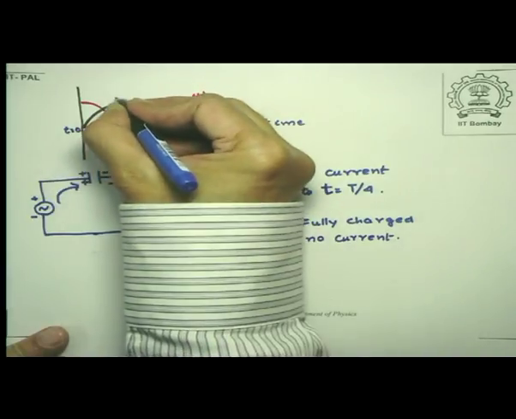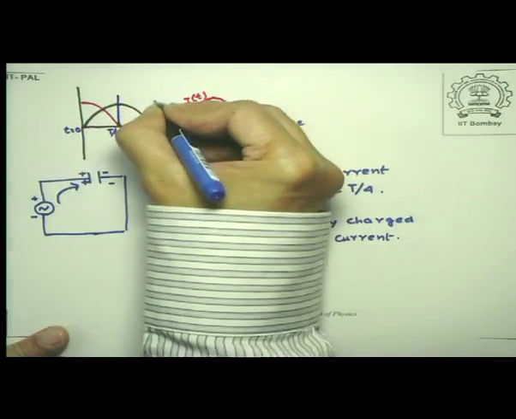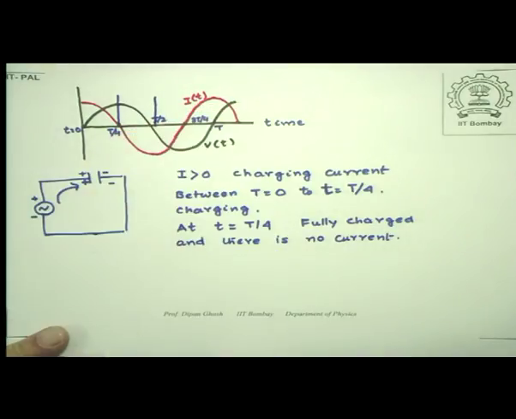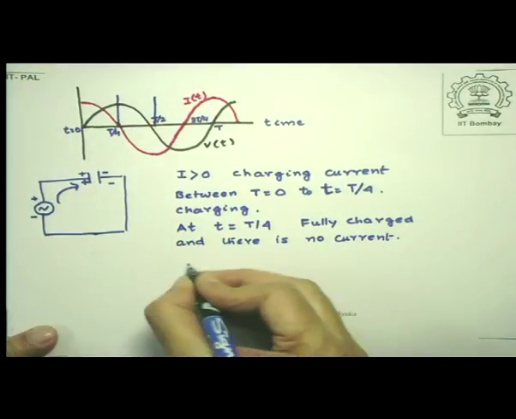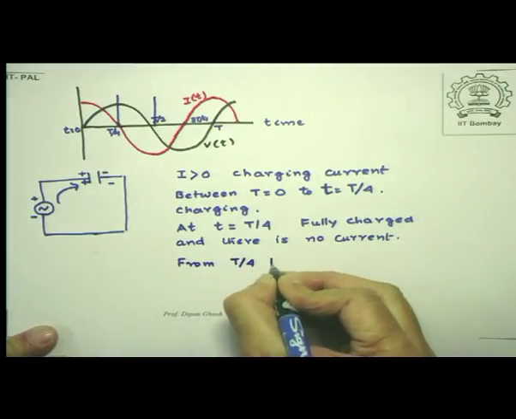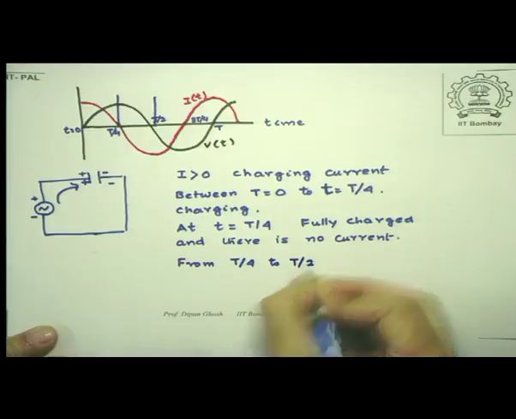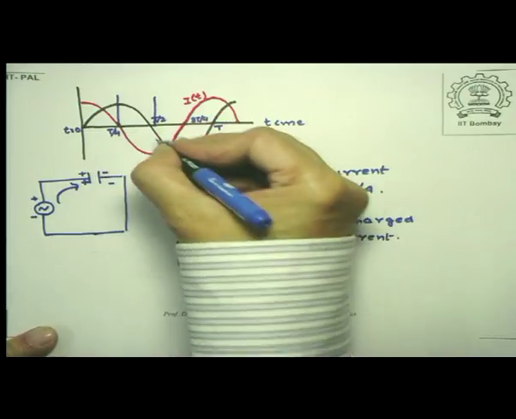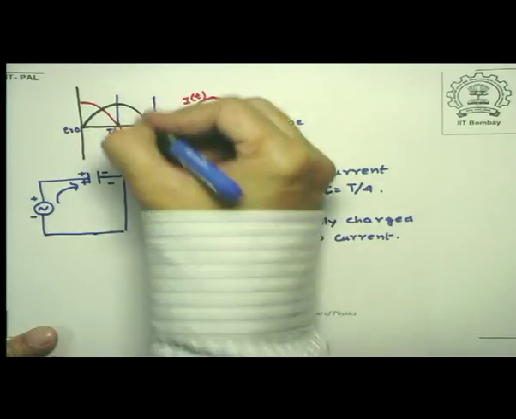So I am now going from T by 4 to T by 2. Notice from T by 4 to T by 2, the voltage is decreasing, though it is positive.